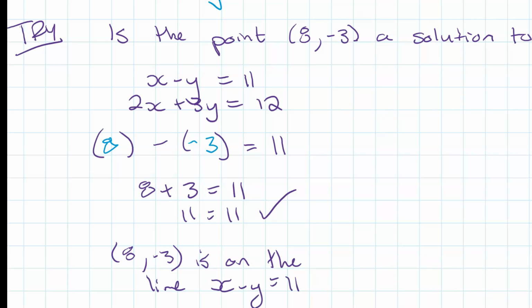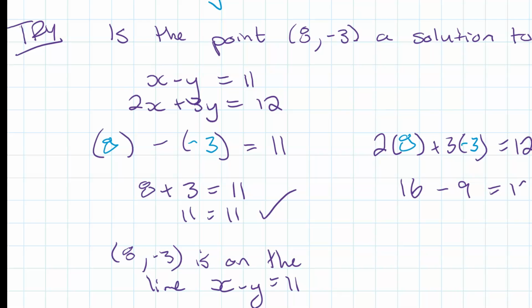Now I'm going to check with the second one. 2 something plus 3 something equals 12. Putting in x for the x and y for the y. So 2 times 8 is 16. Plus 3 times -3 is -9 equals 12. 16 minus 9 equals 12. 7 equals 12. That's not true.